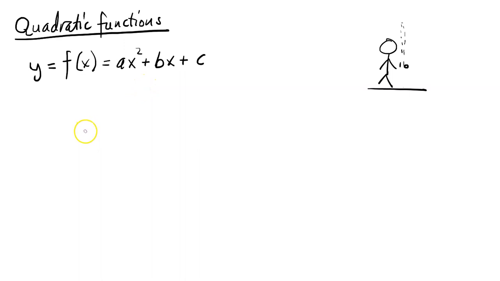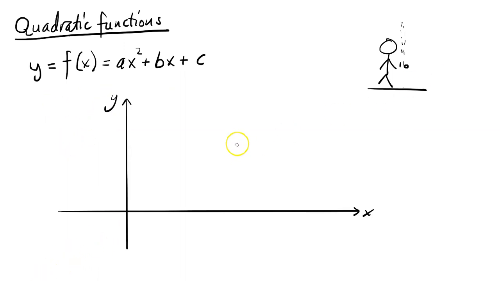Okay, so let's see first some general concepts having to do with quadratic functions. If I want to draw a quadratic function in a graph, then I need to make a table as usual. Then I need to pick some points, look at the corresponding y's, put them in my coordinate system, and then draw and see how it looks.